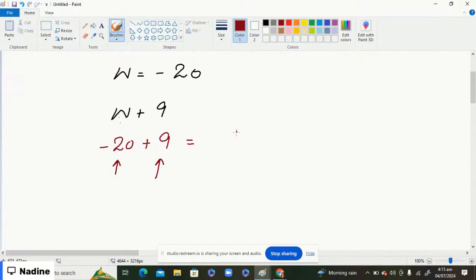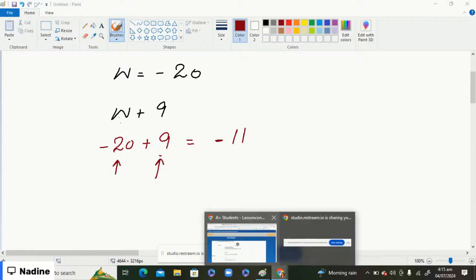You get 11. And which sign do you put? The sign with the greatest number. What is the greatest number here? That is 20, and with the 20 it's a negative sign, so I'm going to put negative here. So this is one negative integer and one positive. When we subtract, we get the answer minus 11. Okay, so this is negative.